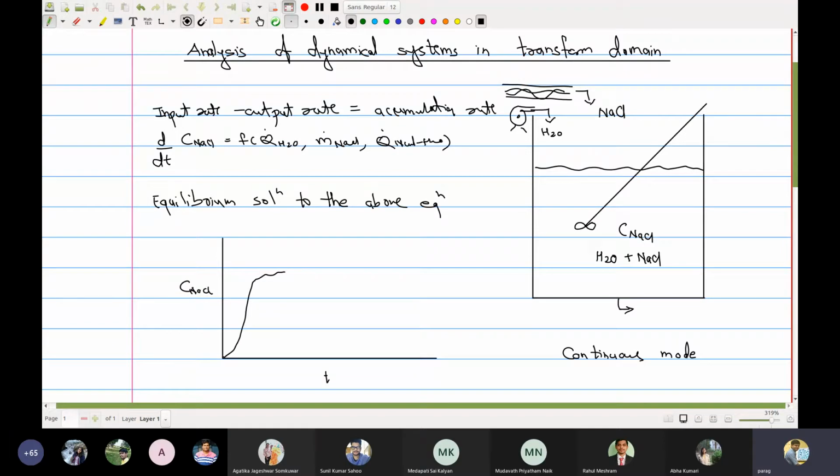But ultimately what you would like is a constant concentration of NaCl, and this is nothing but the equilibrium solution, right? And in some kind of utopian world, you would expect that once the equilibrium solution has been reached, for the next 360 days my plant would run as it is, right?